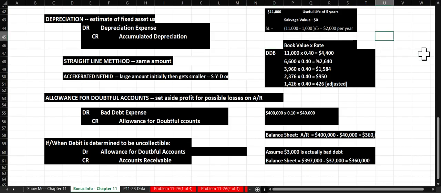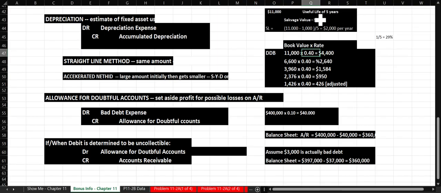So 1 divided by 5 is equal to 20%. And so we would double that rate and use 40%. So this 40% that I'm using, or 0.4 as a decimal, is taking the straight line rate of 20% and doubling it.